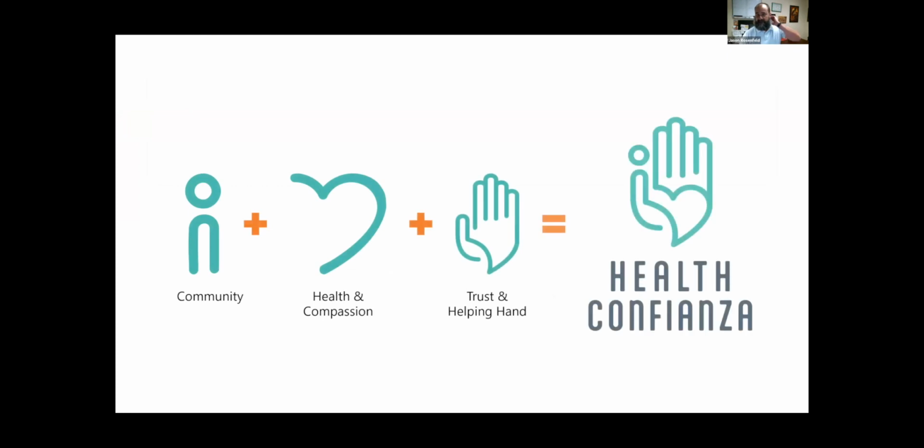So I want to start with a quick overview of Health Confianza and the grant that made this program possible. So without going into all of the nitty-gritty details of the history of how we were able to land the grant, I just wanted to say that in 2021, in the spring, the Office of Minority Health released a call for proposals for a grant called Advancing Health Literacy to Improve Health Equity Outcomes Associated with COVID-19.